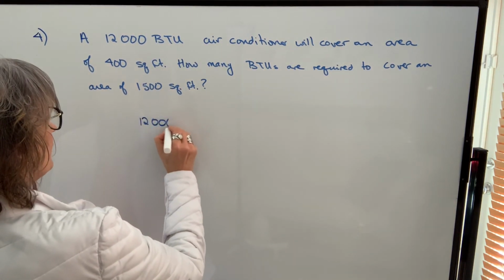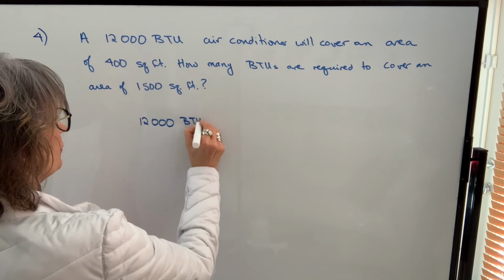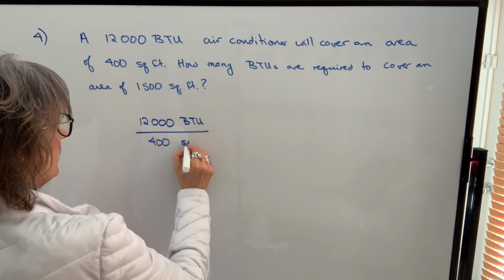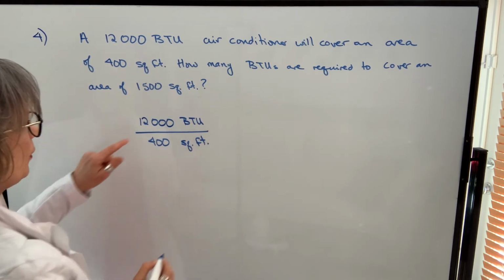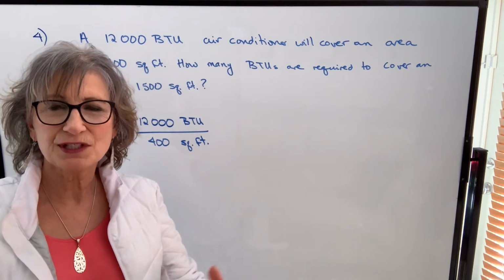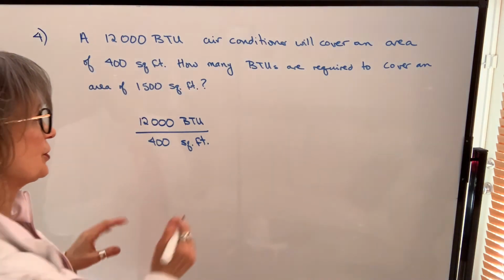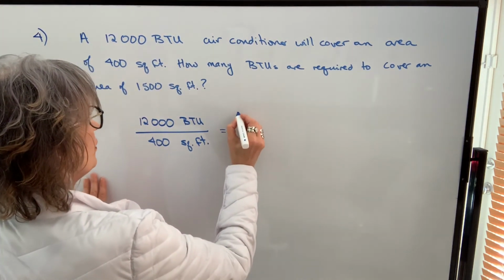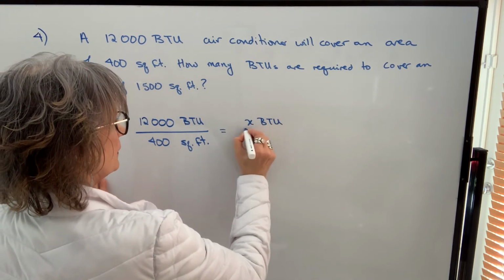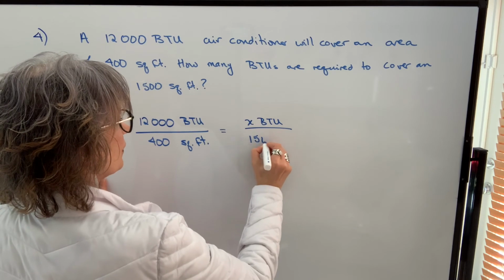The capacity of the air conditioner over the area of the room. And we could calculate how many BTUs are required per square foot, and then proceed. But we're just going to do it as a direct proportion. So we know that has to equal the number of BTUs, which is what we're finding, to cover 1,500 square feet.